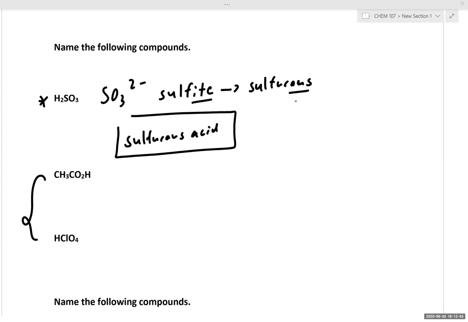If you drew a Lewis structure for acetic acid, this formula tells you a lot of information about how the atoms are connected together. So that's why the hydrogen's at the end. In general, for oxyacids, it's placed at the beginning. Okay, yeah.